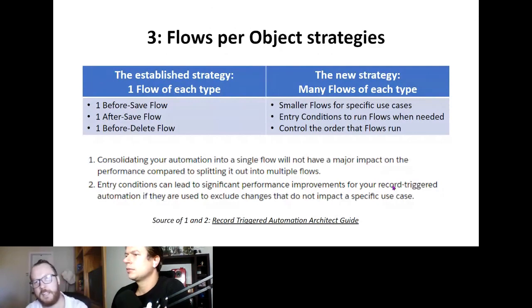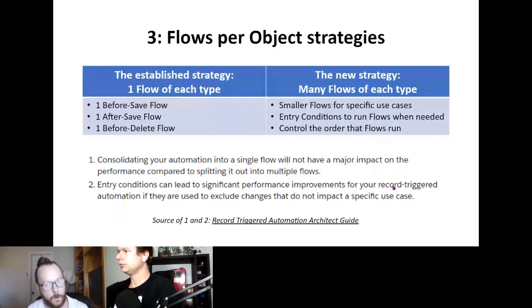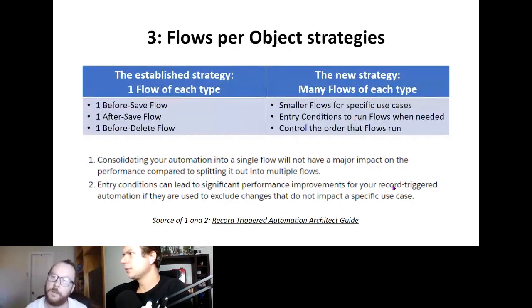This has seen the emergence of a newer strategy, where you have many flows of each type. You have small flows for specific use cases, and you use entry conditions, which we've looked at a little bit, to only run flows when they need to run. And then you use the new feature to control the order that the flows run in.